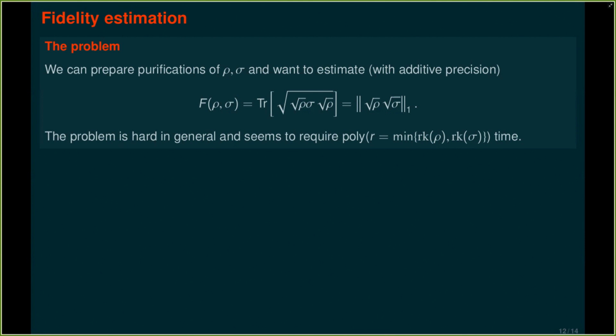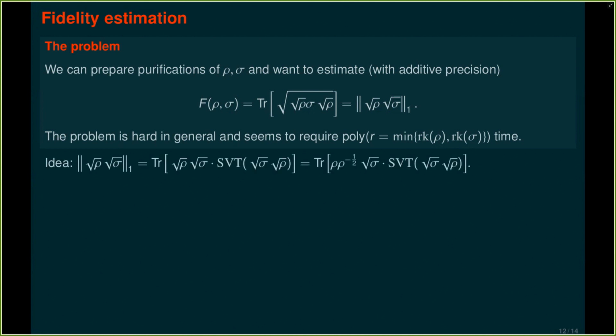The problem is in general hard, and it seems to require polynomial time in terms of the minimum rank of rho and sigma. So we will have algorithms that depend on the rank and that are applicable to low rank quantum states, when at least one of the quantum states has low rank.